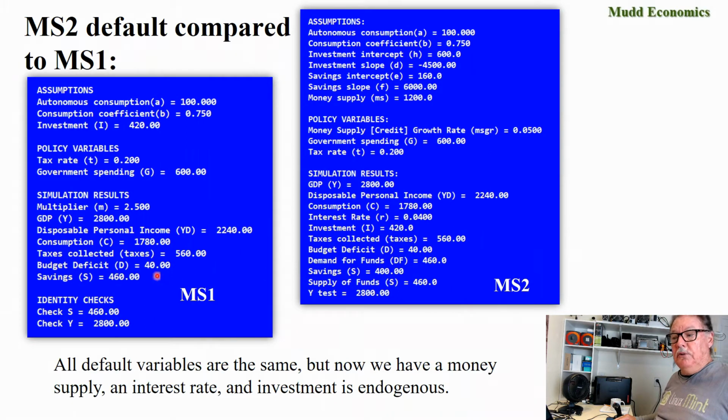Now savings is different here because in Macrosim 2, savings is turned into the supply of funds, which is the same as savings was before. We didn't have any money supply in Macrosim 1, and that's why that's different. So basically we have the same model, and these investment intercept, slope, savings intercept, and slope up here gave us this solution, and that took quite a bit of trial and error.